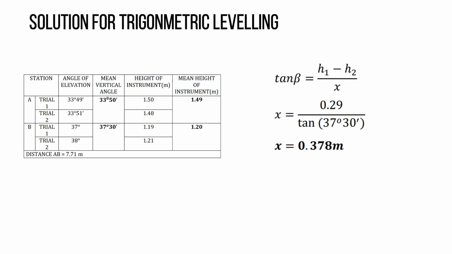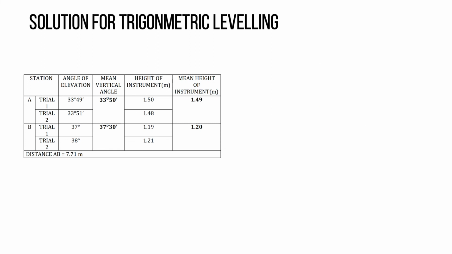Therefore, tangent beta is equal to h1 minus h2 over x, and by substitution, x is equal to 0.29 over tangent 37 degrees 30 minutes. That yields the answer 0.378 meter.